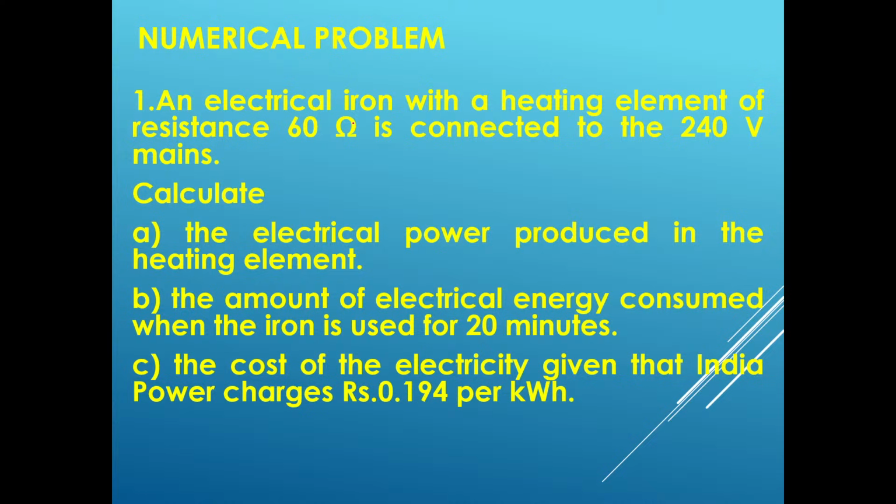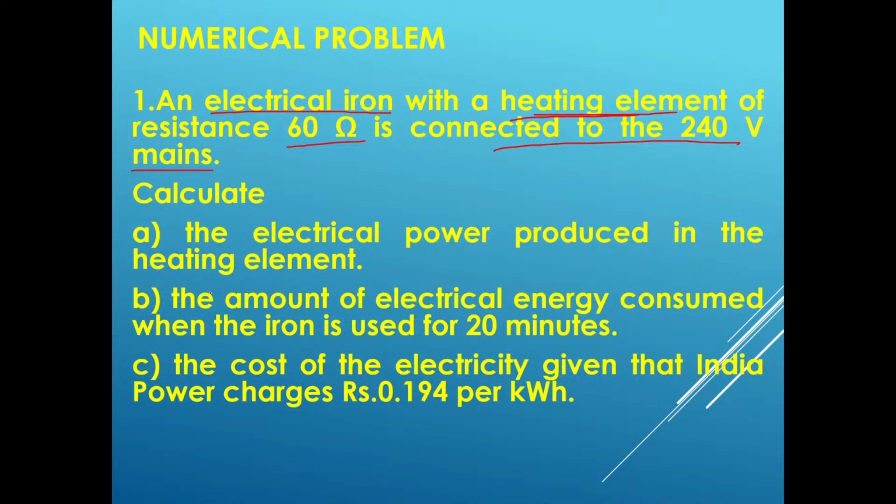So in this problem, an electric iron with a heating element of resistance 60 ohms is connected to a 240 volts supply. Mains means supply.